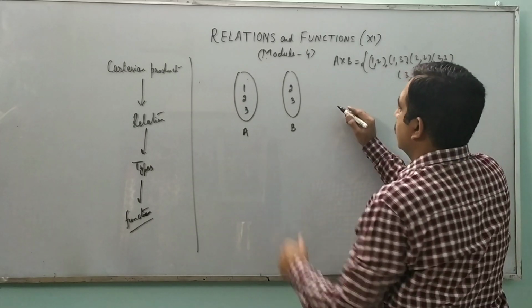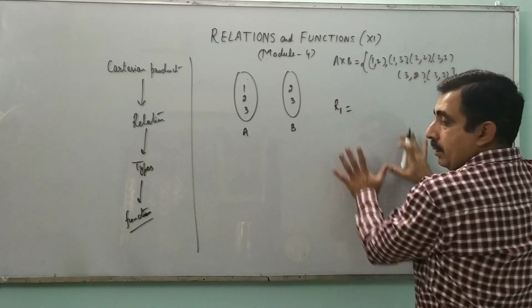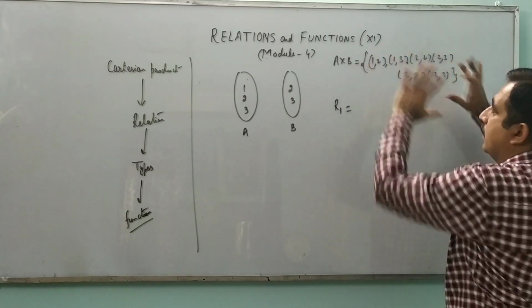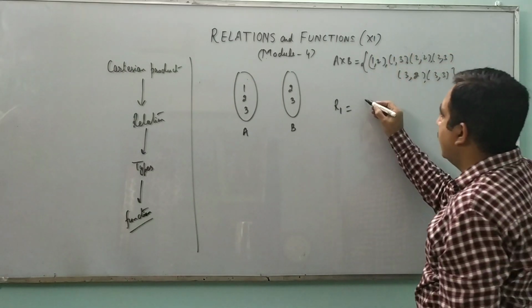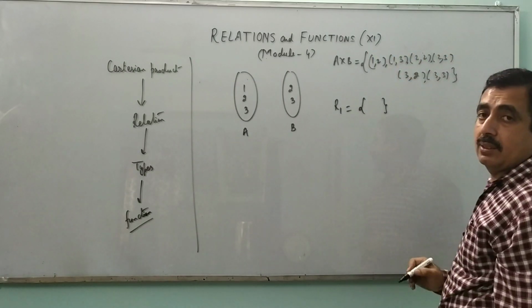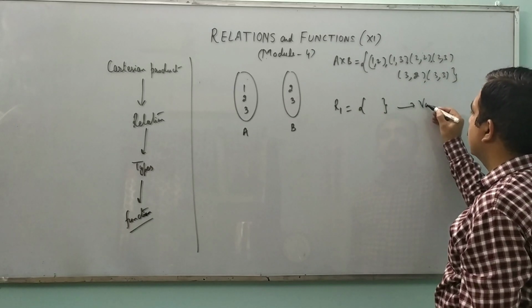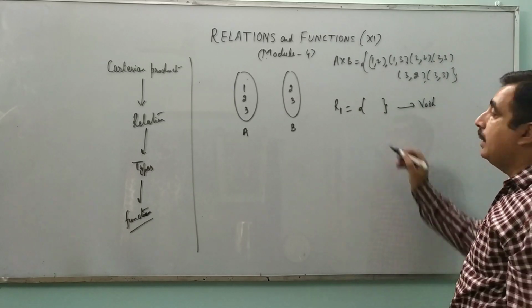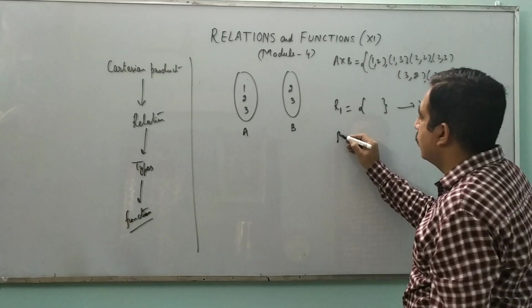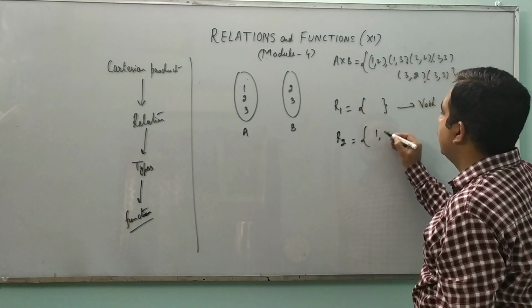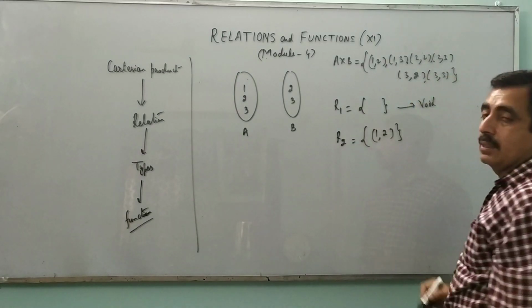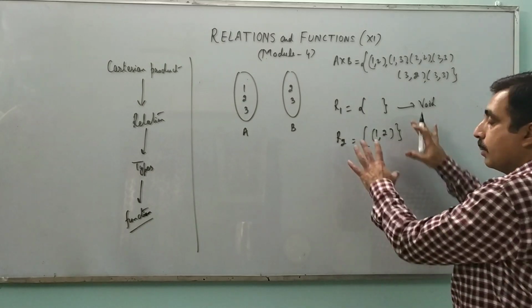This is called Cartesian product. Then, what is relation? Relations are subsets of this Cartesian product. If I write down this, it is a relation, and this is called void relation, empty relation, no element is there. If I write down the next set which contains only one element, this is also a relation. All the subsets are relations.